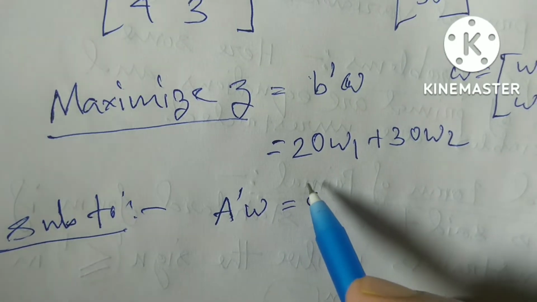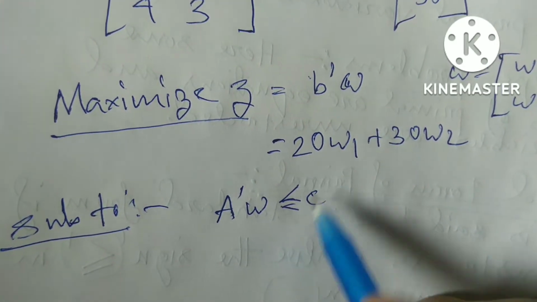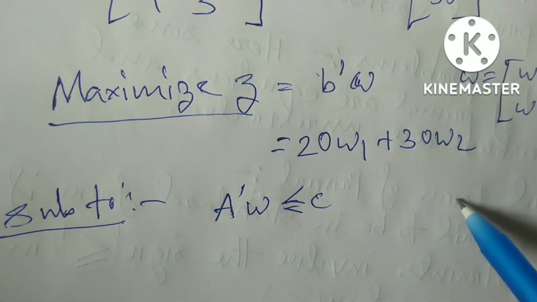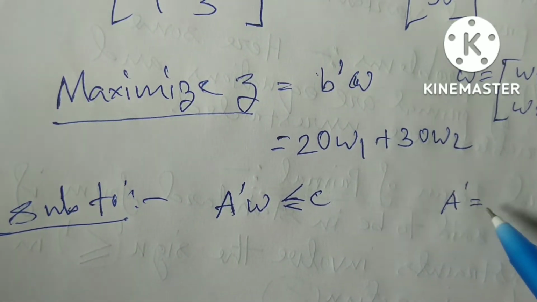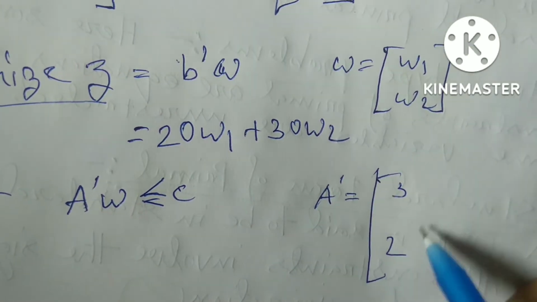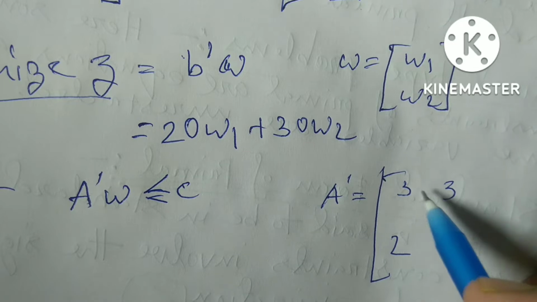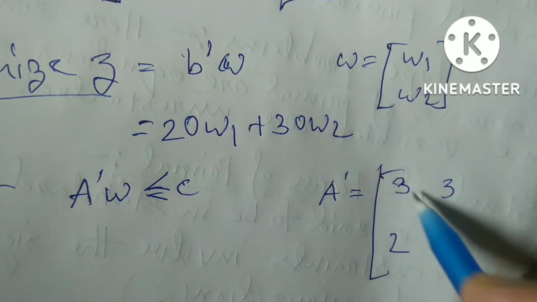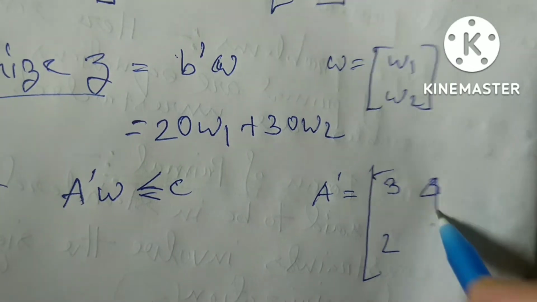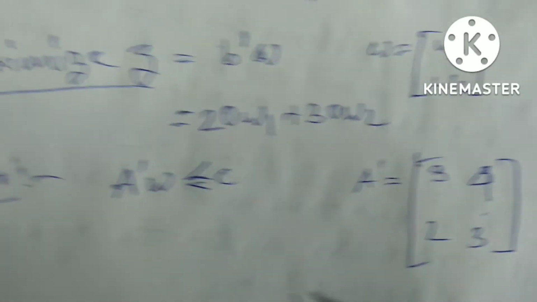Sorry, not equals to, less than or equals to c, because it is greater than in the primal, it is less than in the dual. So A' = [3 4; 2 3].